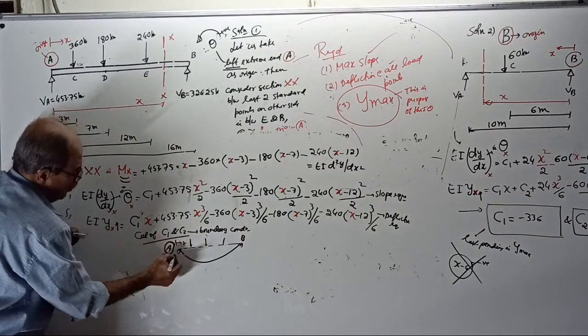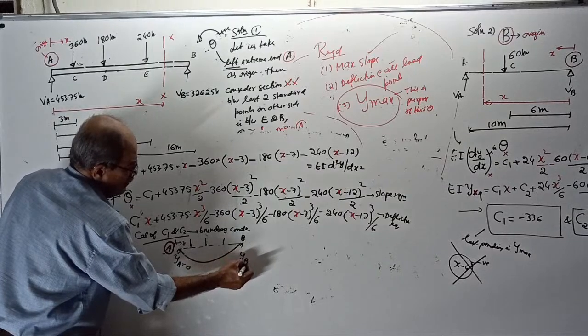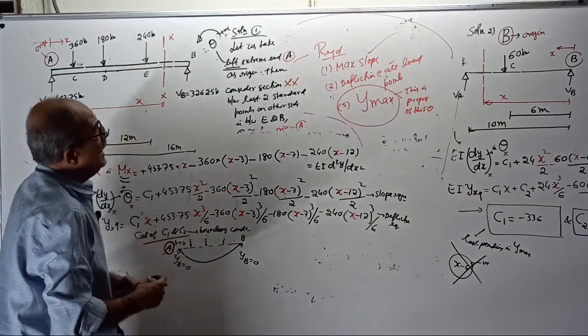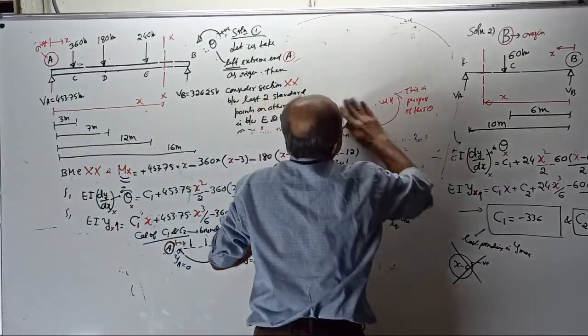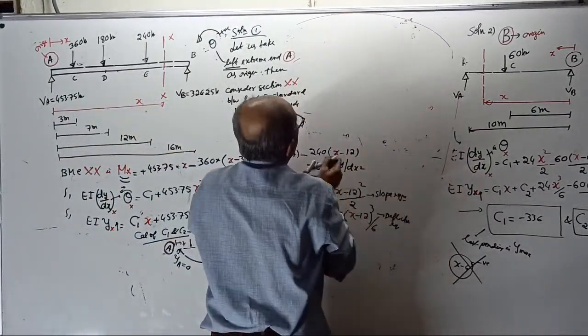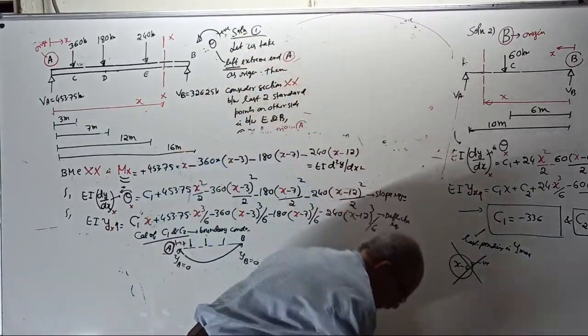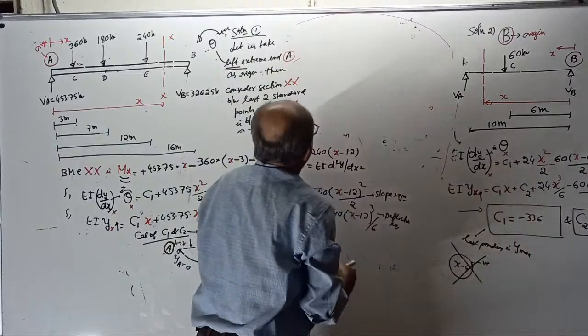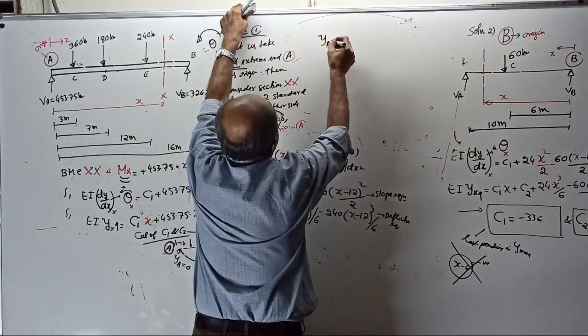And Y at the point A is 0, Y at the point B is 0. These are the boundary conditions for the beam. Start with the first condition. Deflection at A equal to 0.